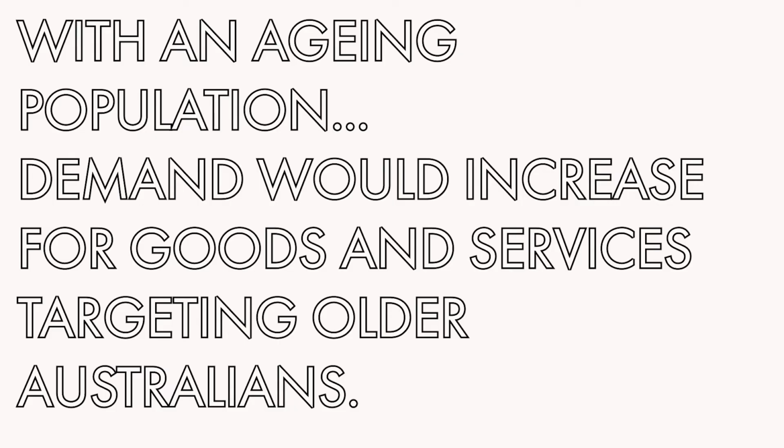Because of the way that the ages are distributed across an economy, that will affect demand for different goods and services. So again, if there is an aging population in an economy, we are likely to see greater demand for goods and services focused around that older age group and less for products targeting the younger age group because the numbers are smaller.